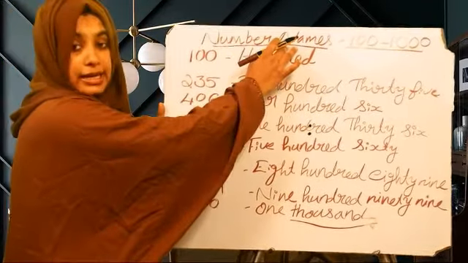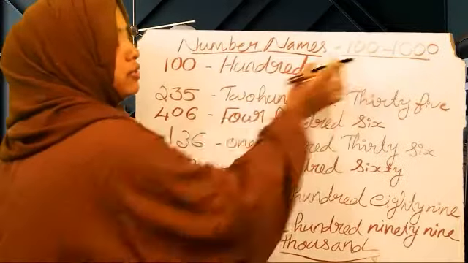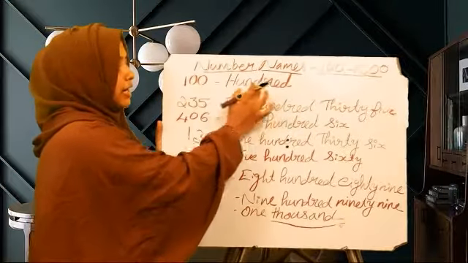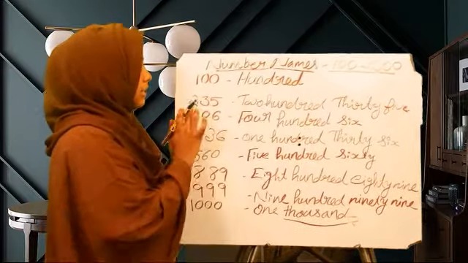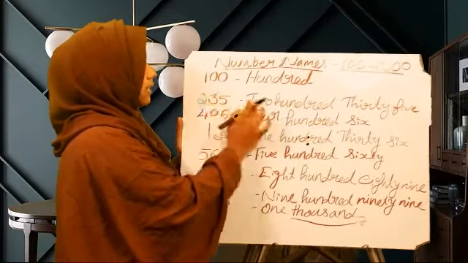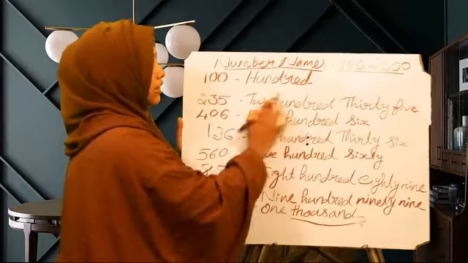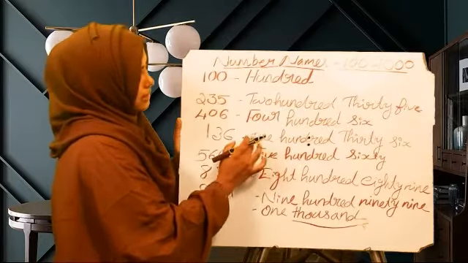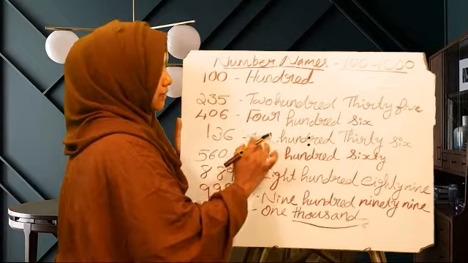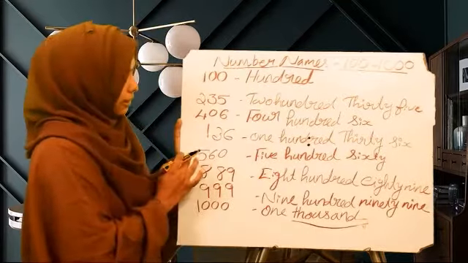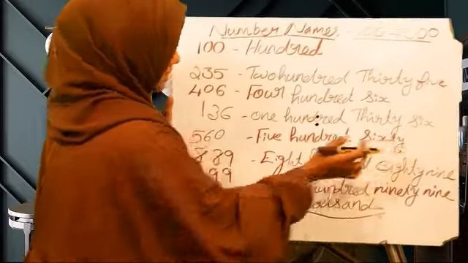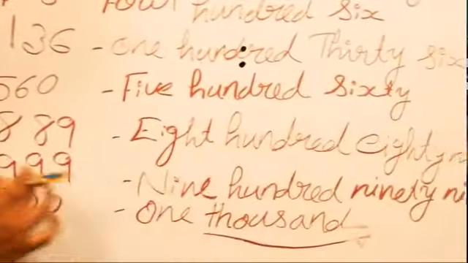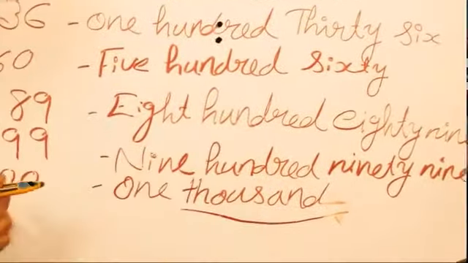Okay, now write this in your notebook. First give the heading: Number names 100 to 1000. Then write examples: first 100, H-U-N-D-R-E-D, then 235, 406, 136, 560, 889, 999, then 1000.